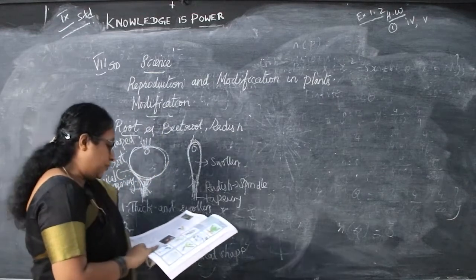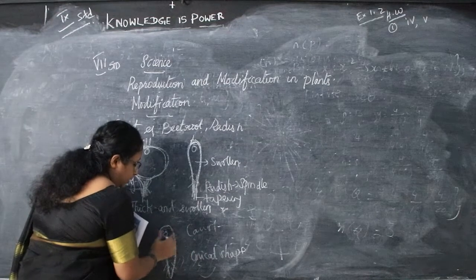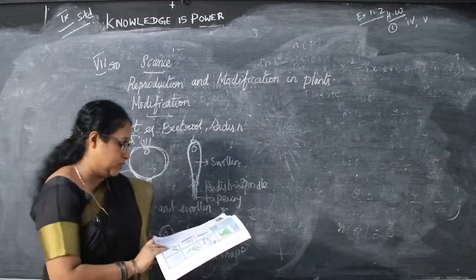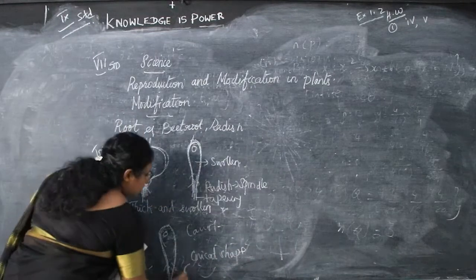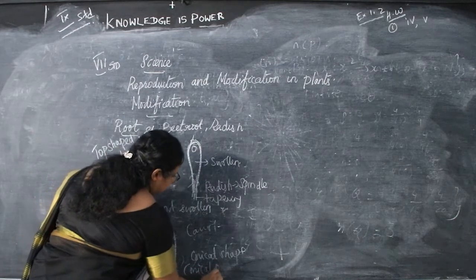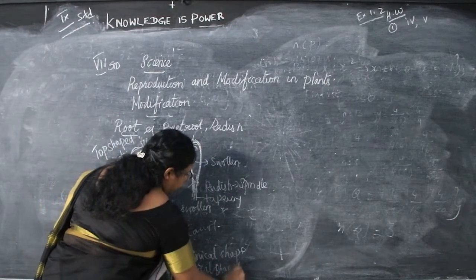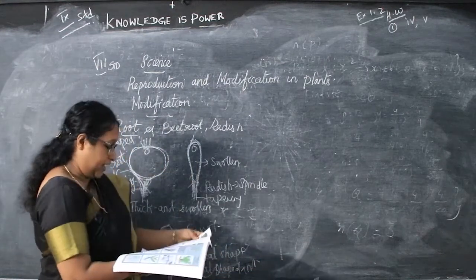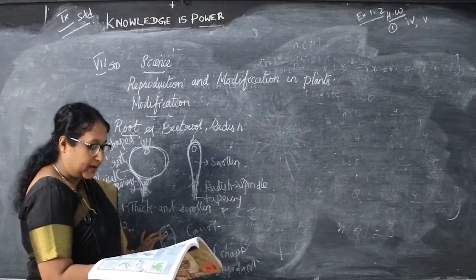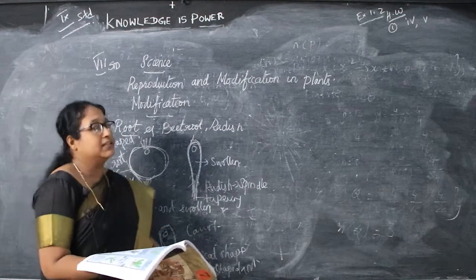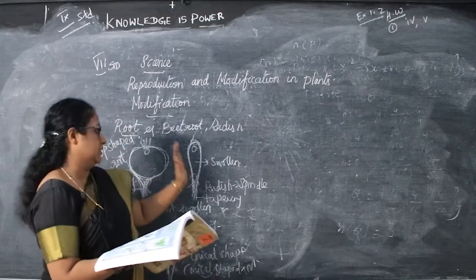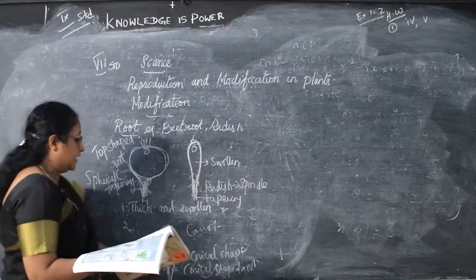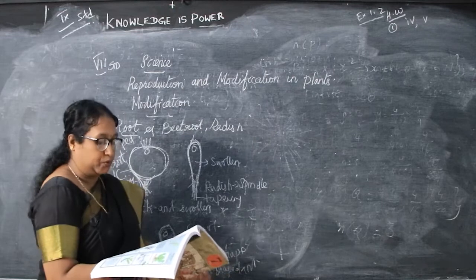It is broad at the apex and tapering gradually towards the base, and this is called a conical shaped root. So first, radish is a spindle shaped root, beetroot is a top shaped root, and the carrot is a conical shaped root.